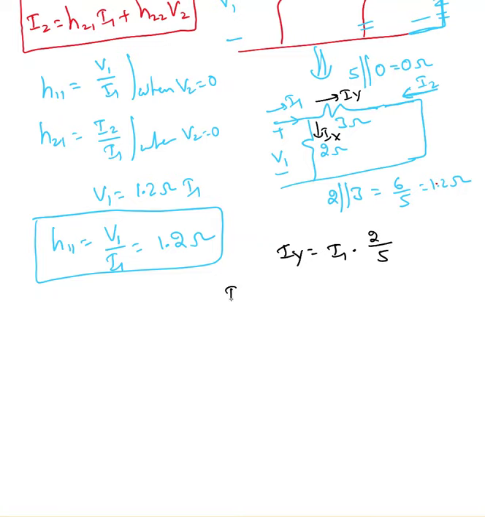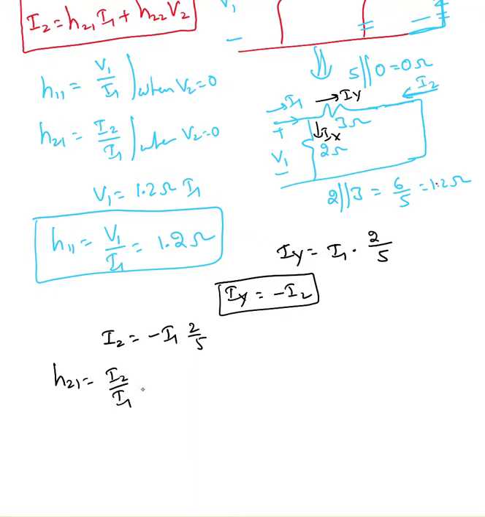And can I say iy is the same as negative i2? So if I replace iy with negative i2, i2 equals negative i1 times 2 over 5. Here h21 equals i2 over i1, which equals minus 2 over 5.